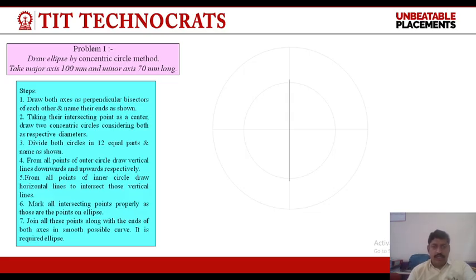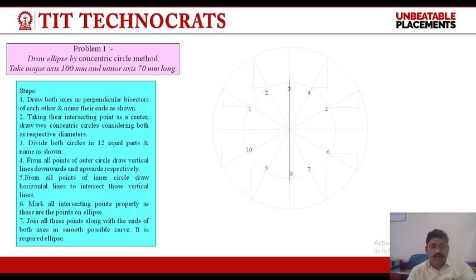From all points of the outer circle, this is the point of the minor circle. Divide both circles into equal parts and name them as shown in the figure.